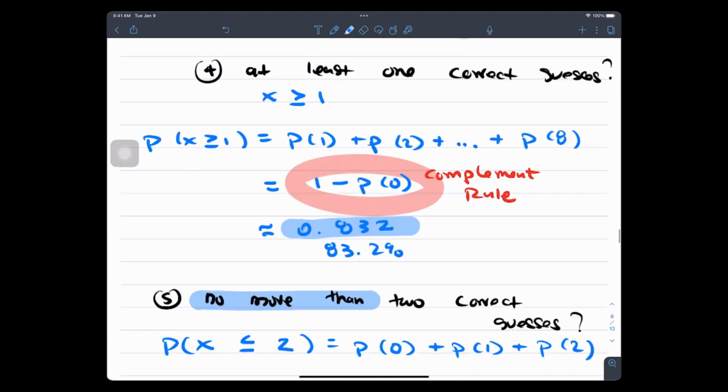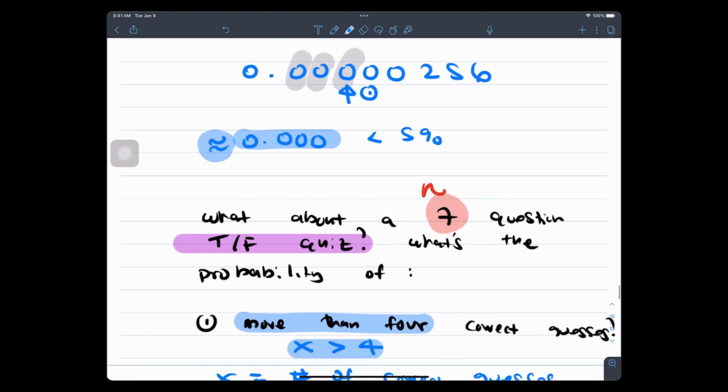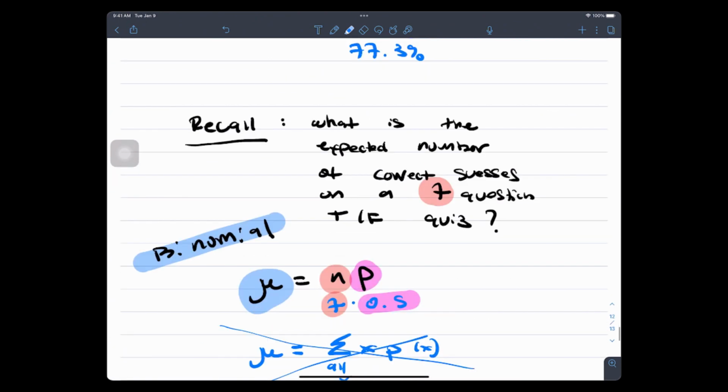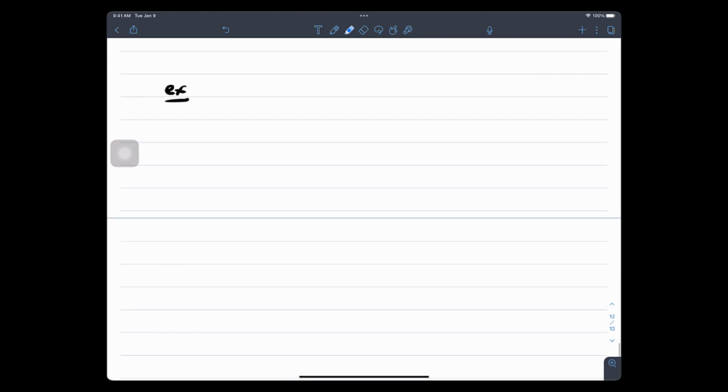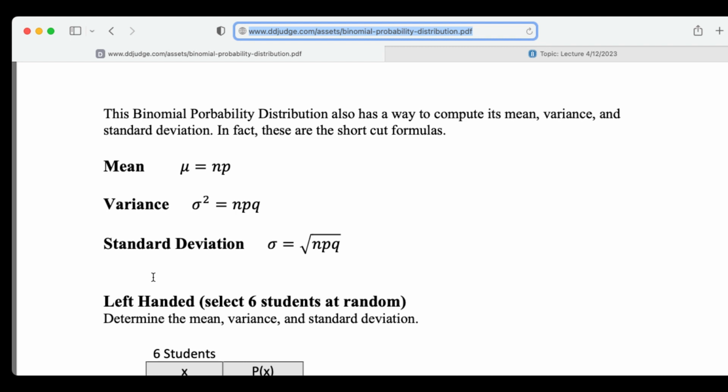So the homework on the binomial, let's give you another example. I'm going to write this down in our notes here. How do you get the variance? The mean is np. What's the variance? Remember sigma squared?